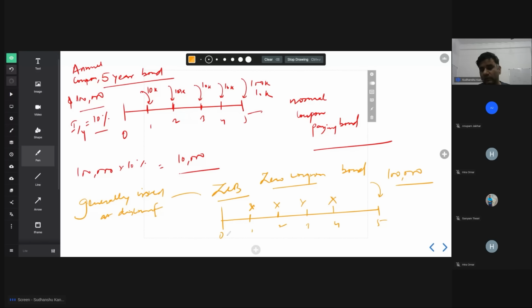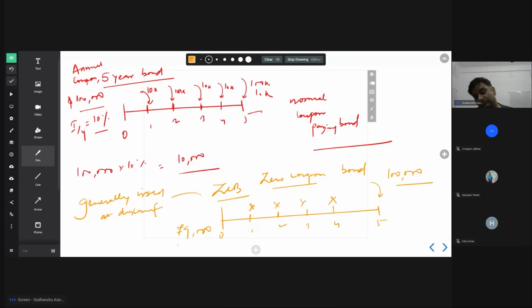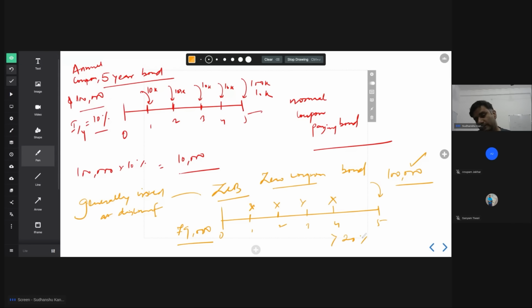So the bond will be issued at, let's say, 79,000, and eventually after 5 years you will get 100,000. Effectively you invested 79,000 and got 100,000, which is greater than 20% yield.